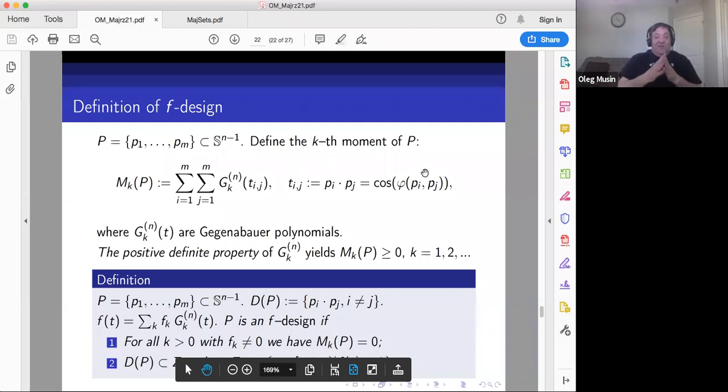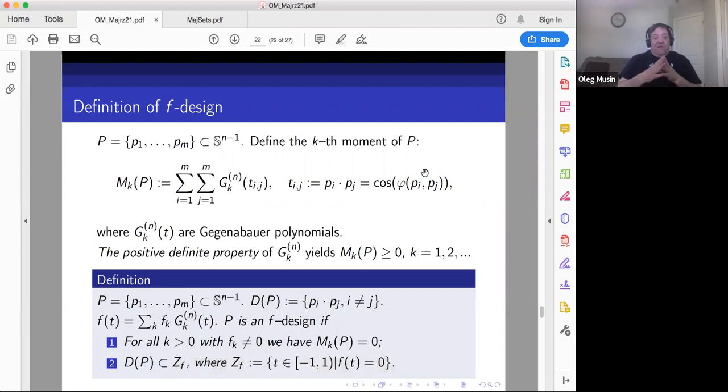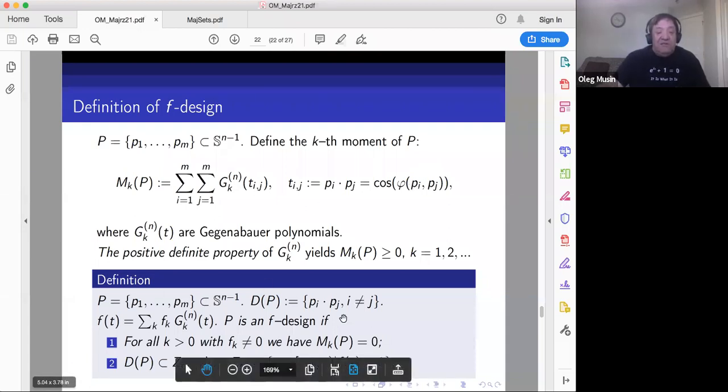Definition: suppose we have an m-point set P, and let us consider the set of all inner products p_i dot p_j, the dot products of all distinct points, and let f be any function.